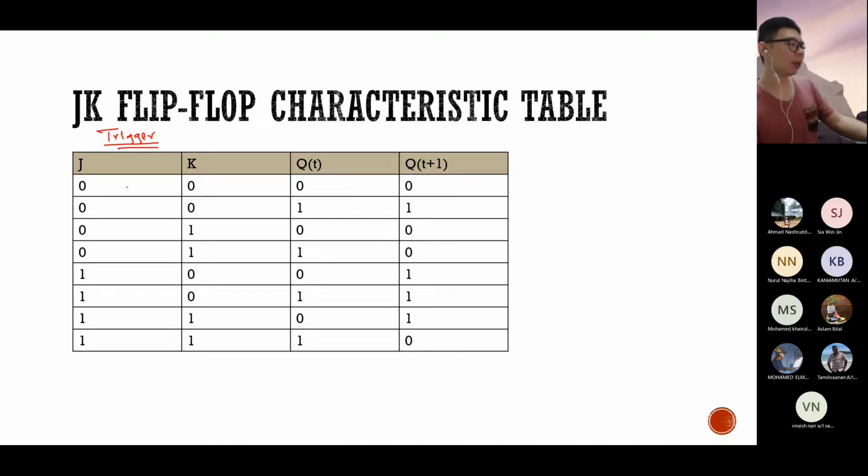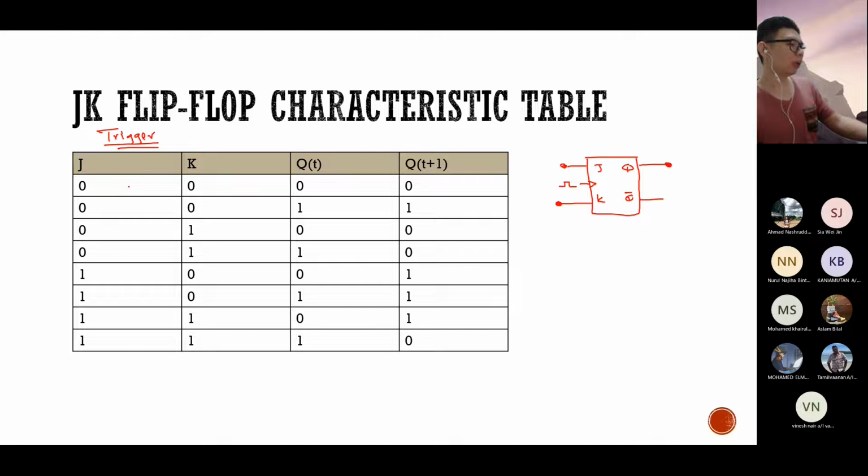In the first row, we are giving the inputs J and K to be 0. So you can imagine that this is a flip-flop, and this is J, this is K. This is Q, and this is Q bar, like that. And we can connect this to a block. This is the input that you are giving to this JK flip-flop, and this is the output that you want to know.